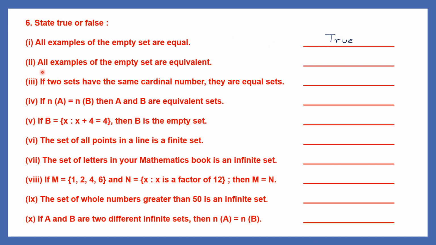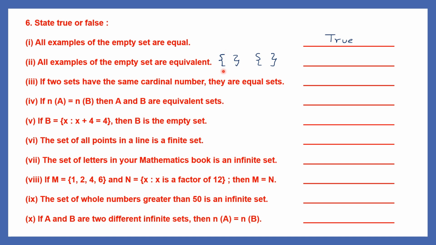Next statement. All examples of the empty set are equivalent. What are equivalent sets? The number of elements should be the same. That is, the cardinal number should be the same. So let's draw two empty sets here. I have one empty set here and I have another empty set here. Now in this first empty set, what is the cardinal number?